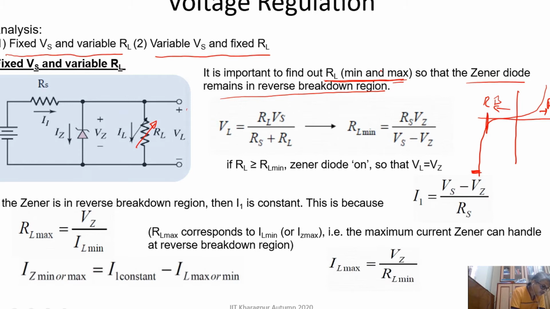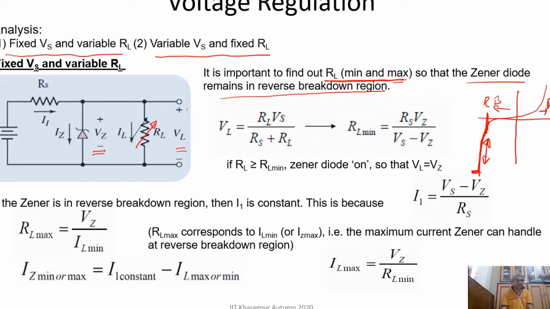That is the key, because if the Zener diode remains in the breakdown region, the voltage across the Zener will be VZ, that is fixed, because in the breakdown region we assume the slope is very steep and the voltage across the Zener is not changing, only the current can change. So if VZ is fixed, then VL will remain fixed because RL is in parallel with this Zener diode.